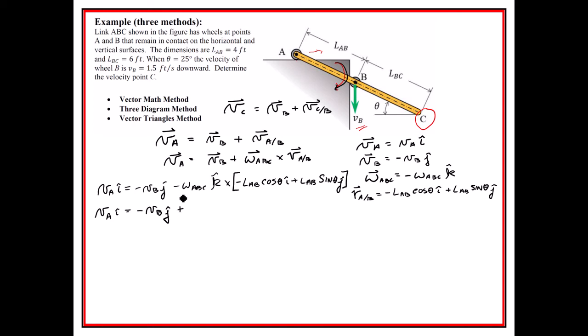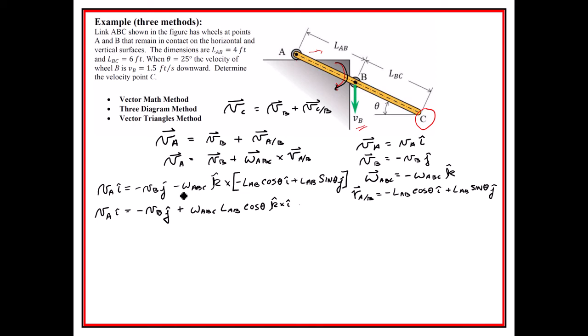So we combine this negative omega ABC with the negative LAB cosine right here, and we know that we're going to have positive LAB, and write out the cosine of theta, and that's going to be K crossed with I. Right, and then I'm going to drop down just a little bit here so I don't run into that position vector that's hanging out on the side.